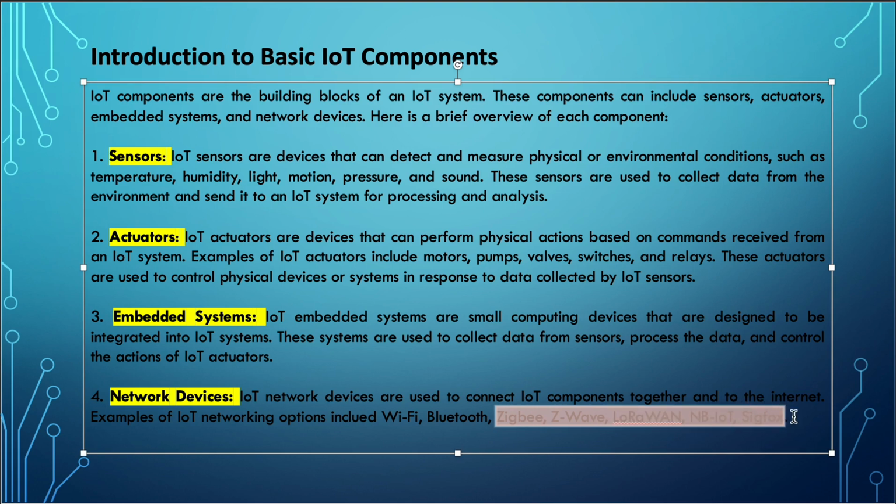We will be talking about these connections in the future. We will first talk about sensors, actuators, and embedded systems, then we will go to the network itself. Zigbee and Z-Wave especially are used mostly in IoT devices. There's a reason for using those communication protocols in networking IoT devices. We will talk about it in the future.